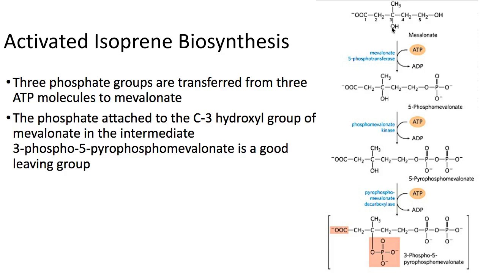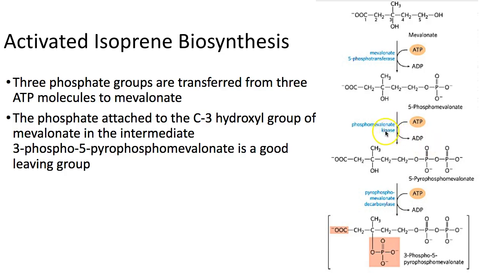We transfer phosphoryl groups to those hydroxyl groups. This is an ATP-dependent reaction, utilizing mevalonate 5-phosphotransferase. It transfers a phosphoryl group right here, and then it goes through another transfer of a phosphoryl group as well.